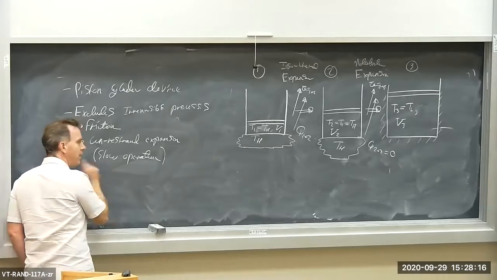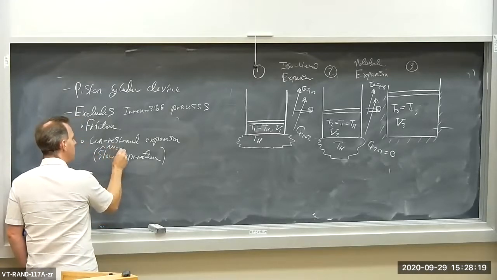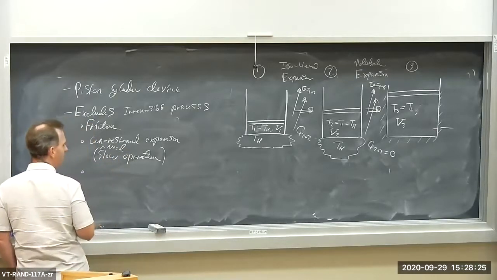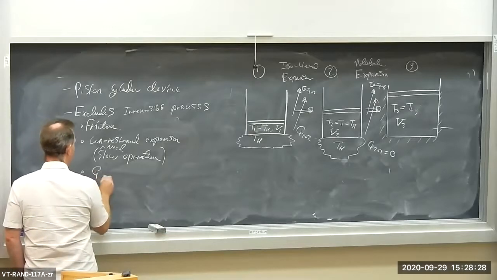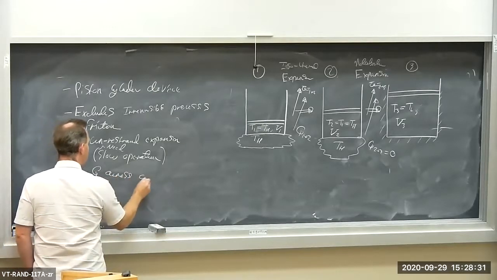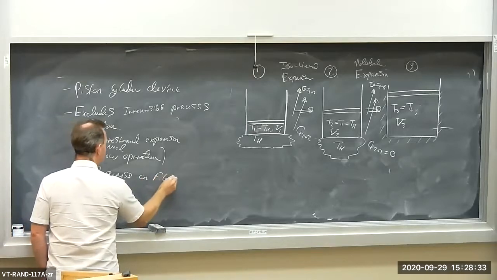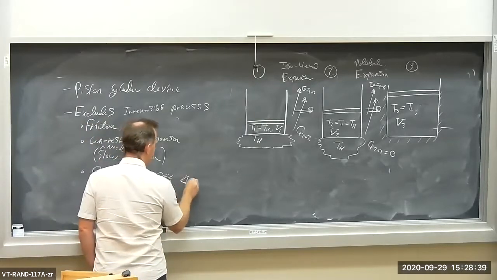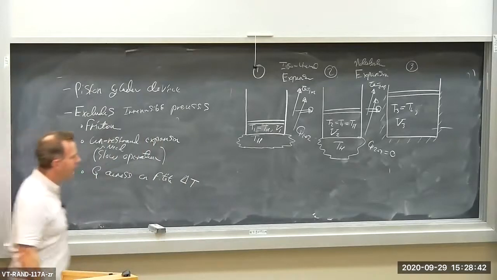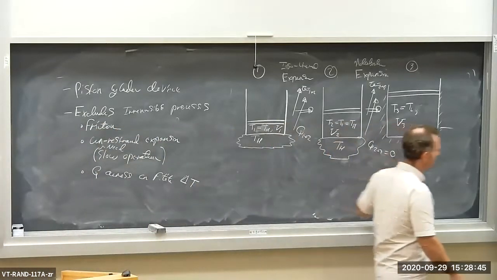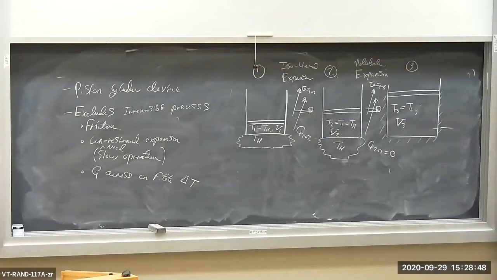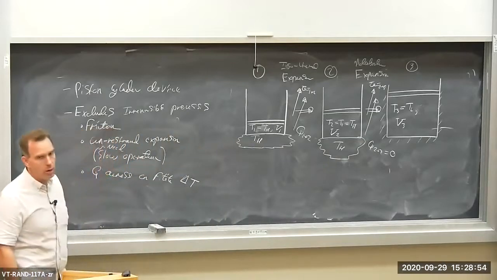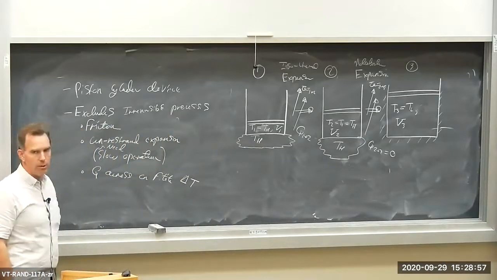That means we need slow operation. And then finally, it excludes heat transfer across a finite, measurable, detectable, finite delta T. In our case, the heat transfers always occur when the system temperature is equal to the reservoir temperature, so the delta T is 0 in that case. So delta T goes to 0 during the cycle.